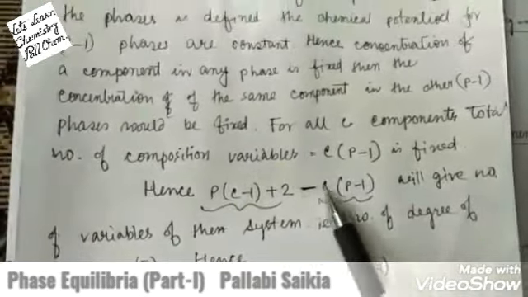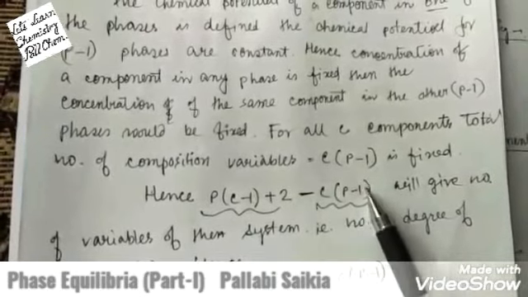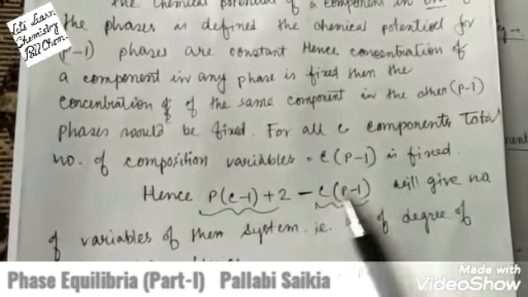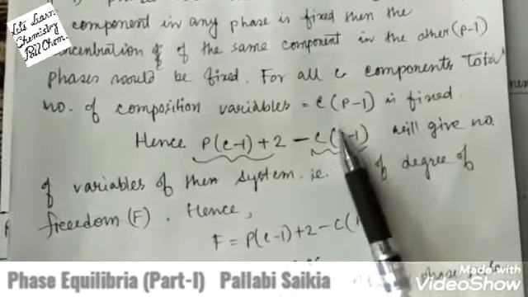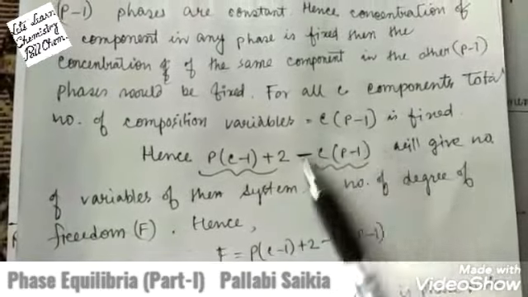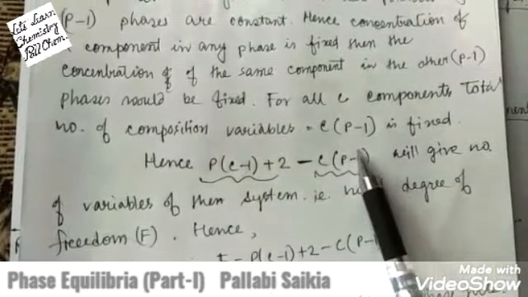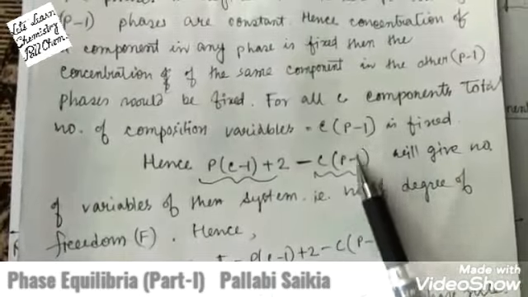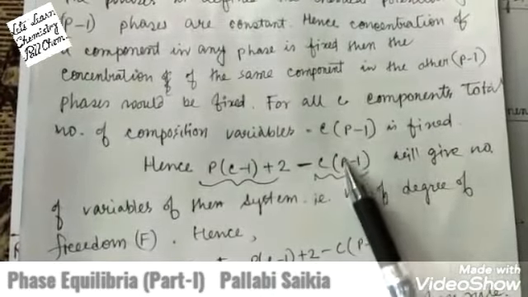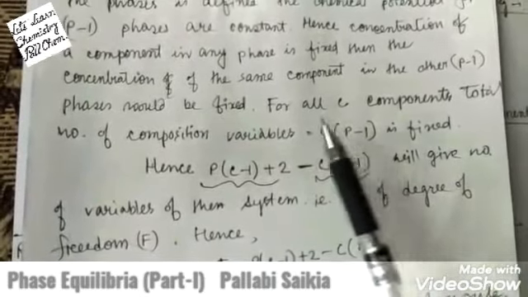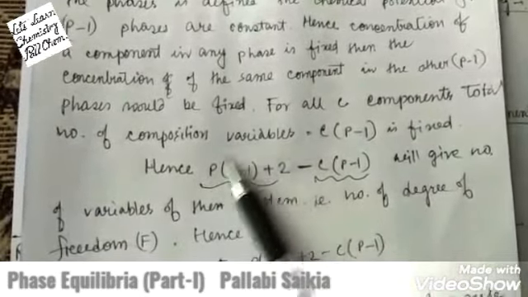Hence, the number of degrees of freedom will be the total number of variables minus the fixed values. So it will be P into C minus 1 plus 2 minus C into P minus 1. This is coming from one phase, P minus 1 will be constant. The total composition will be C into P minus 1. And it is coming from the total number of variables.